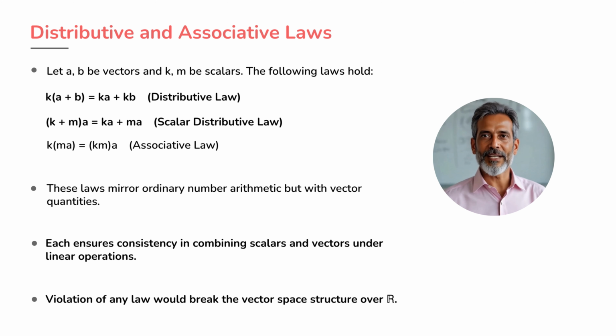Kind of like splitting a pizza into 2 parts before sharing. And 3. K into bracket Ma bracket equals bracket Km bracket A, that's the associative law. No matter which scalar you multiply first, the product remains same. These laws make vectors part of what we call a vector space. A fancy way of saying, everything stays nice and predictable when we scale or add vectors.